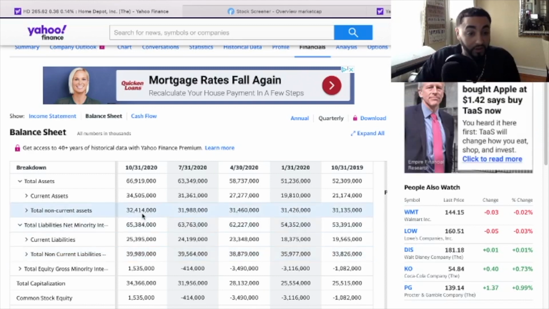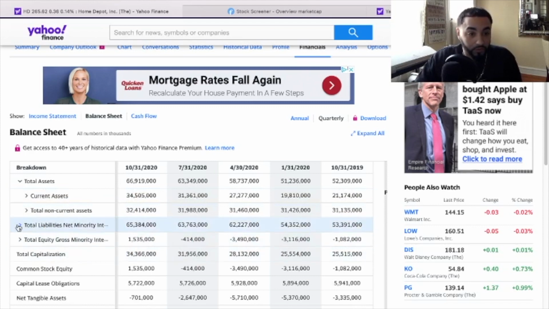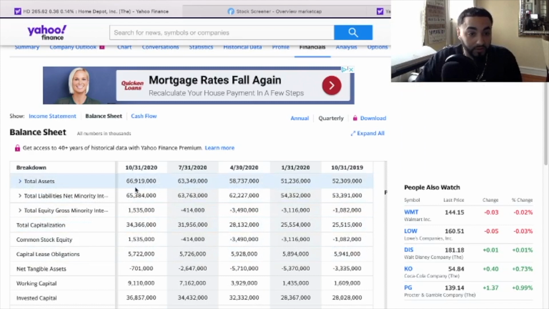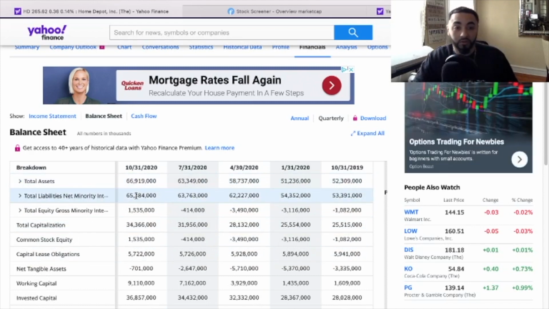You can see that actually the long-term or non-current assets are smaller than total non-current liabilities, which will give me some question to look into this a little bit deeper. Could be the corona effect. But if you look at the total, assets is definitely greater than the total liabilities. So overall, Home Depot balance sheet looks pretty good.